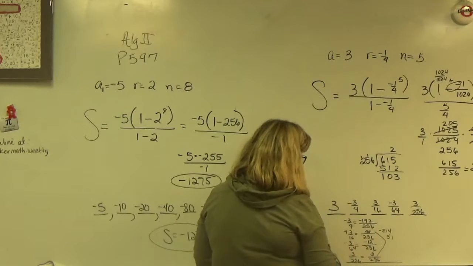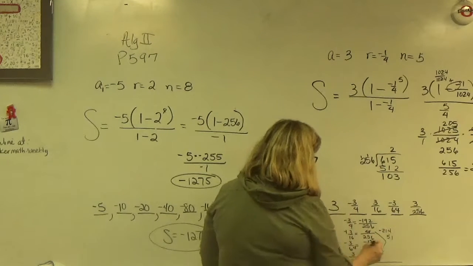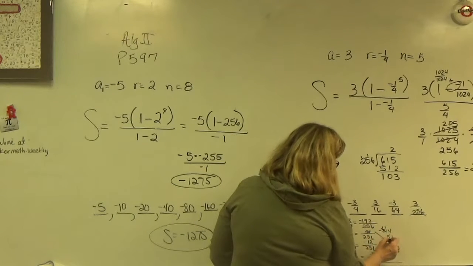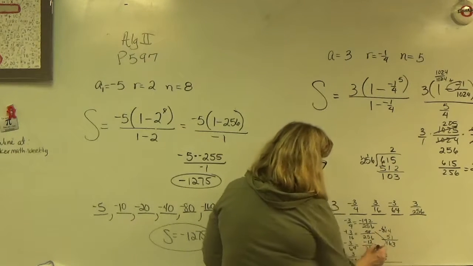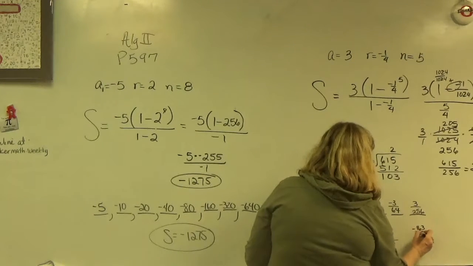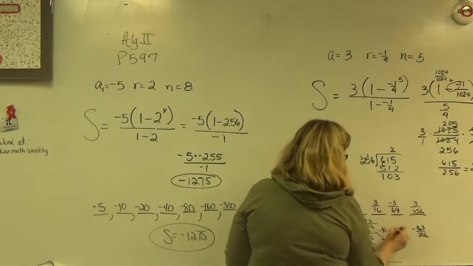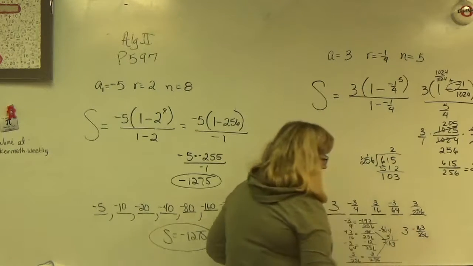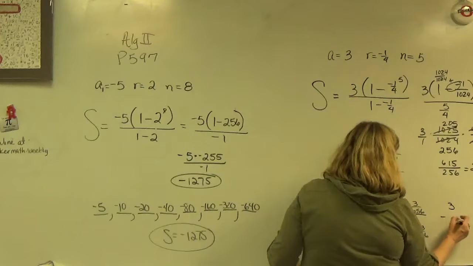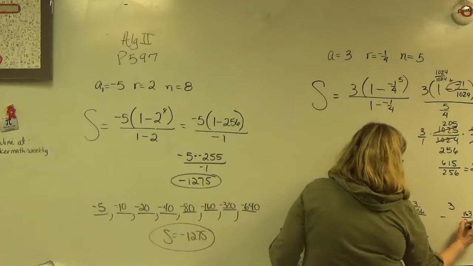Well, that's 51, and that's 214, I think. Yep. And so I'd subtract and get negative 163 over 256, and I need to add it to 3. So in order to do that, I have to subtract. So I have 3 subtract 163 over 256.